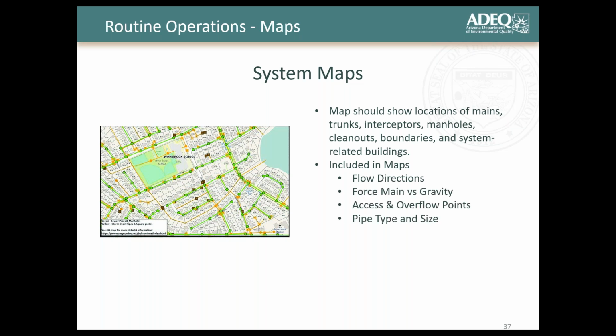Included in these maps will be things like your directional flows, force mains or gravity mains, different access points or overflow points, pipe type and size, your manhole and line IDs, your grade, right? What grade that sewer line is installed at if it's a gravity line, section lengths, your depths and elevations, and what scale the map is drawn to.